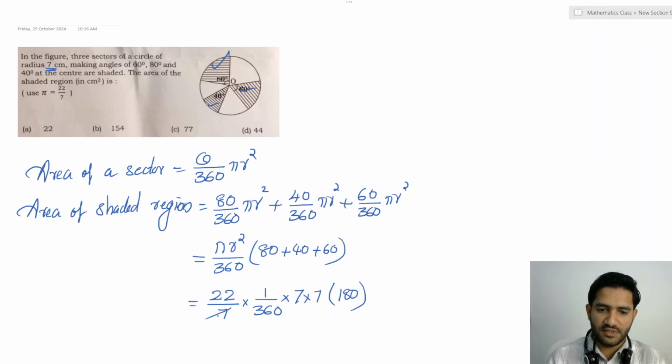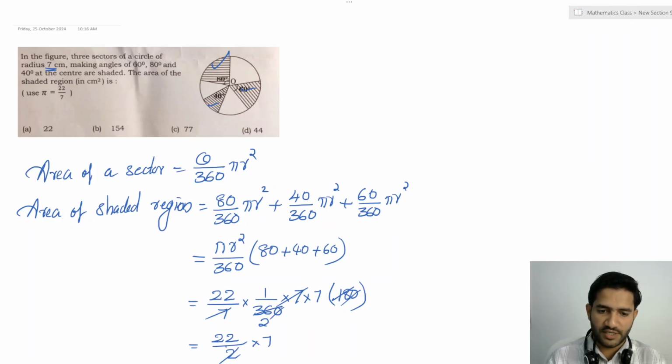Now the 7s cancel, and the zeros cancel. 36 and 18 have the common factor 18, 36 is 2 times 18. So it will be 22 by 2.